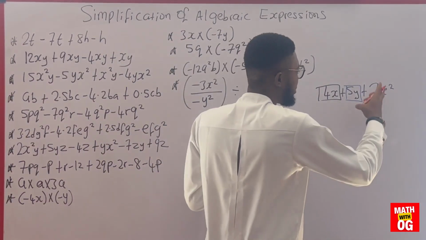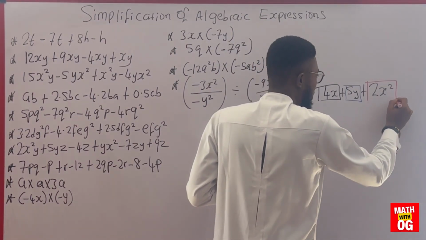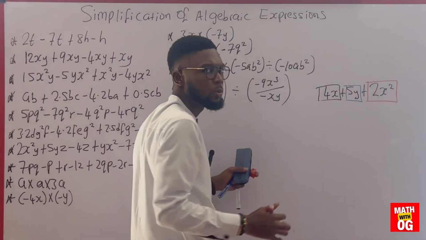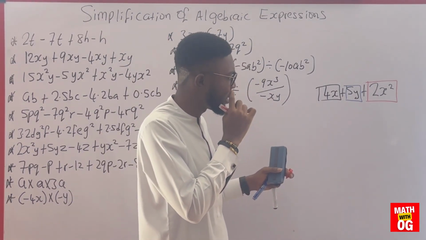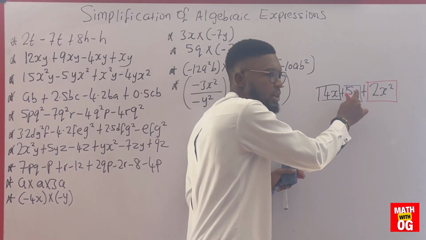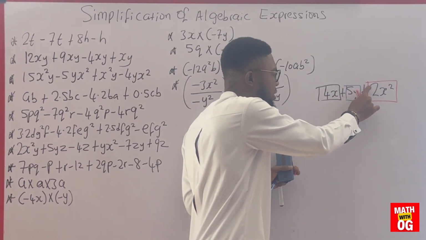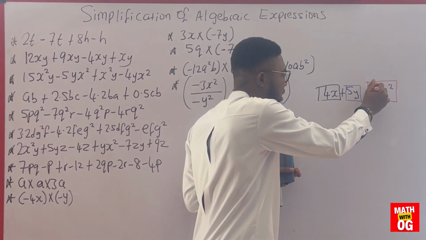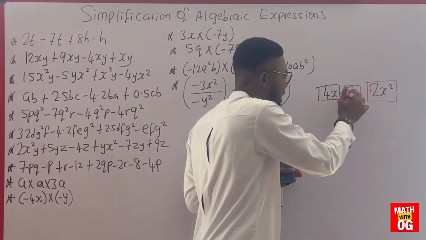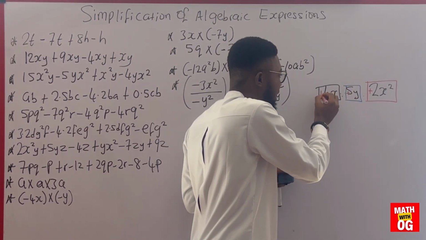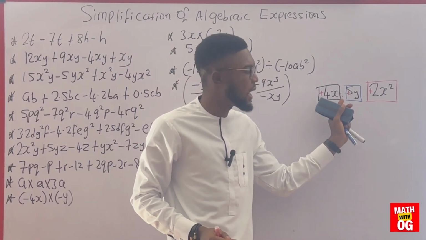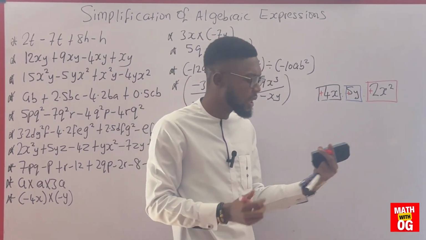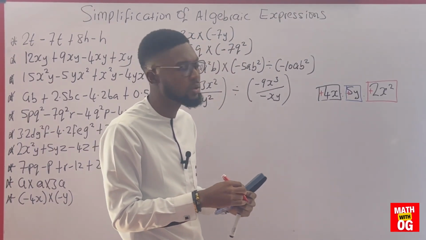I'm not doing it properly because I don't want the lines to be attached to each other. What I am doing wrongly here is that I'm not attaching this positive sign to this. The positive sign should be inside there, so I'm supposed to have a positive 2x squared. This guy here is a positive 5y, and this guy here is a positive 4x. So one of the terms is plus 4x, another term is plus 5y, and the last term is a positive 2x squared.